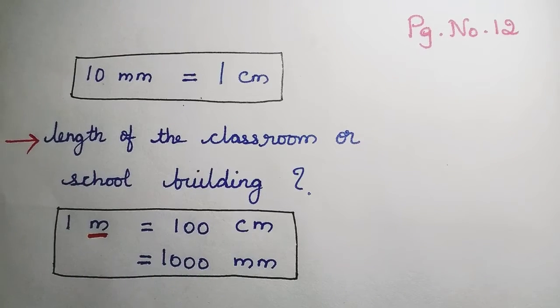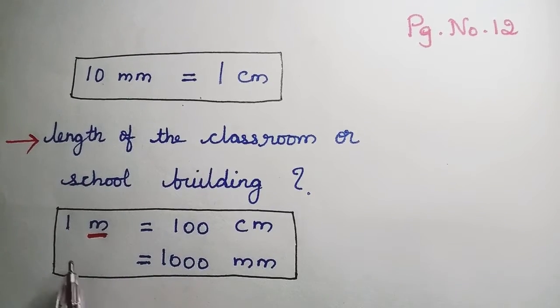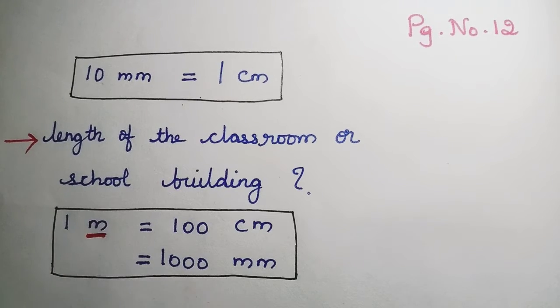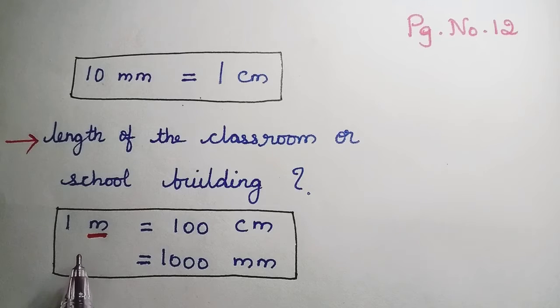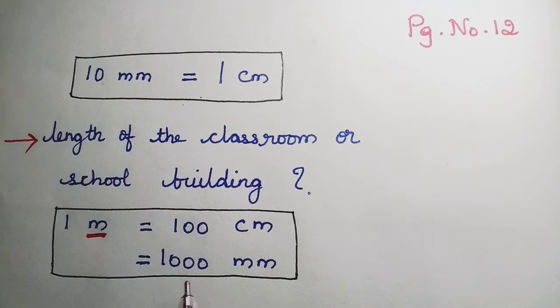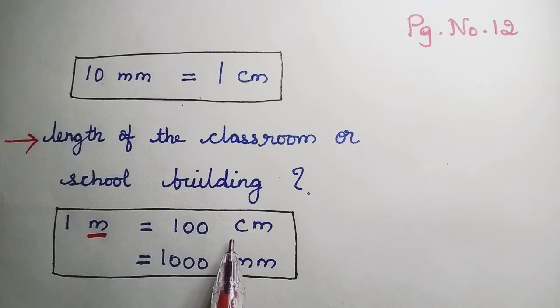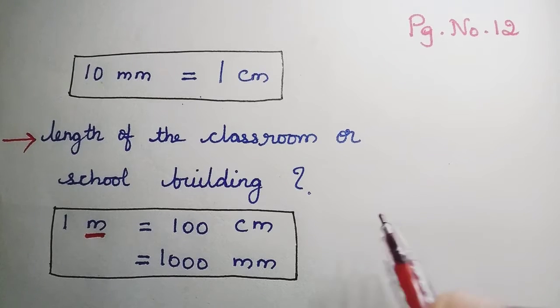So for that we are using meters. We will calculate length or distance, for a longer distance, in terms of meters. So 1 meter equal to 100 centimeters. Similarly we have 1000 millimeters. We will learn how it is.